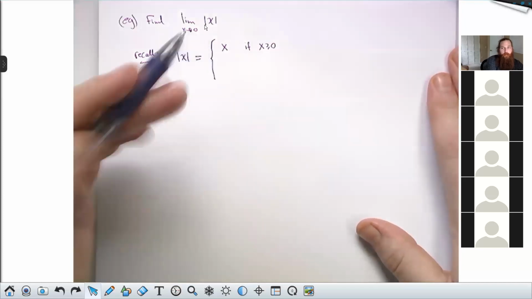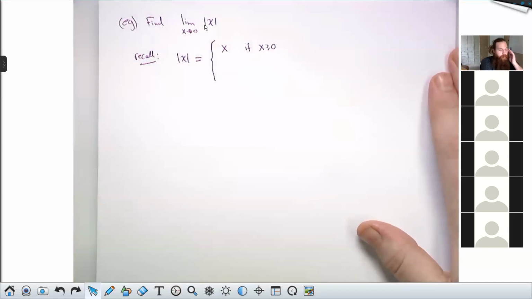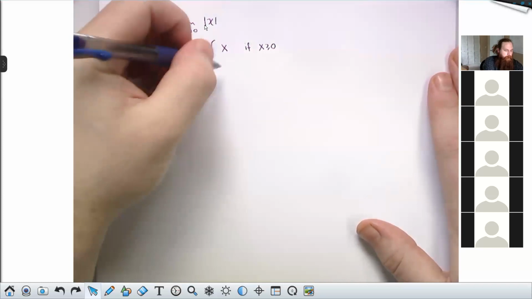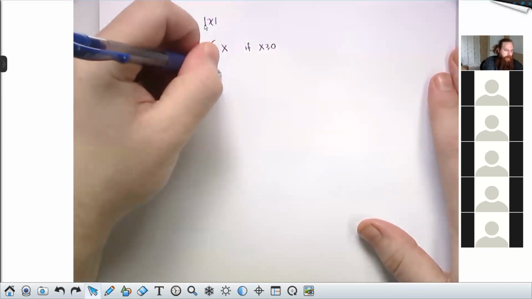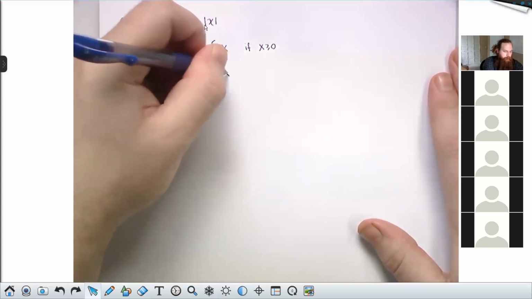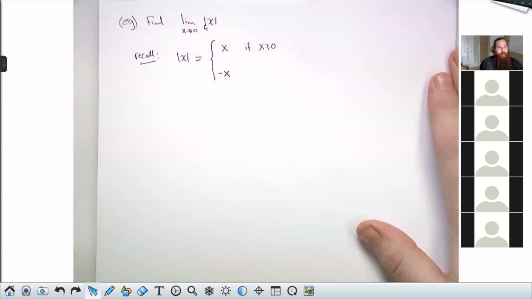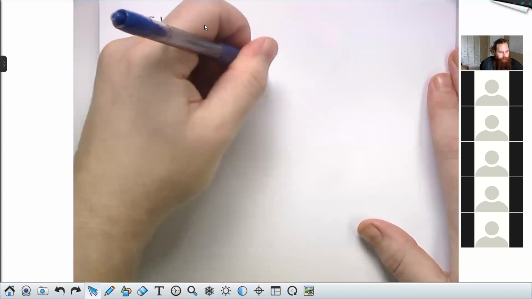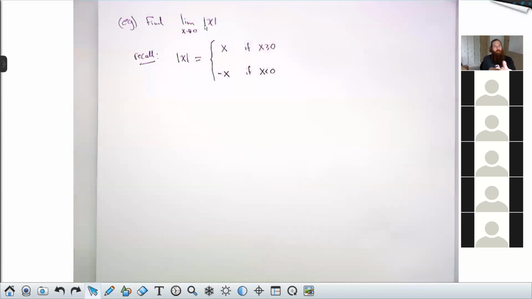Like the absolute value of 5 is 5, the absolute value of 2 is 2. If x is negative, then the absolute value makes it positive. And the way you algebraically take a negative thing and make it positive is by slapping another negative on. So this is the piecewise definition of the absolute value function. And for a lot of calculus purposes, this is the best definition of the absolute value function.